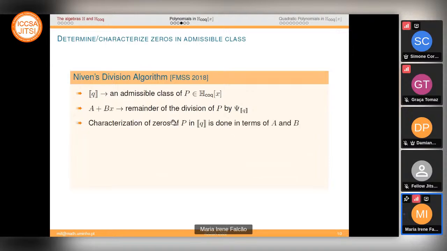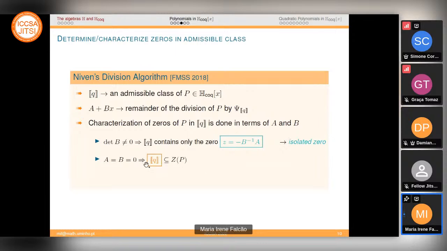And then what we have proved is that the characterization of the zeros is done in terms of the values of A and B. If the determinant of B is different from 0, then we know that in this admissible class, there is just one zero. For the moment, it is not important how we compute the zero. And this is called an isolated zero because it's the only zero in this class. If A is equal to B equal to 0, then all the elements of the class are zeros of the polynomial.